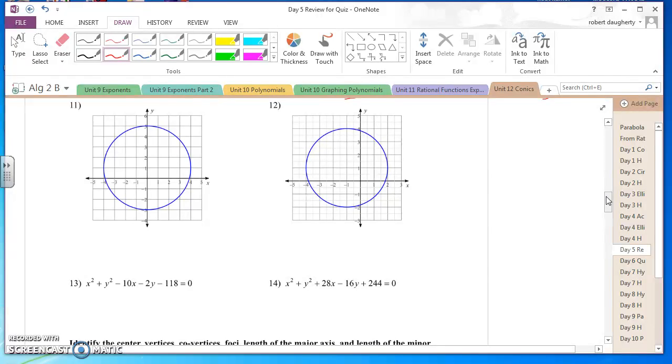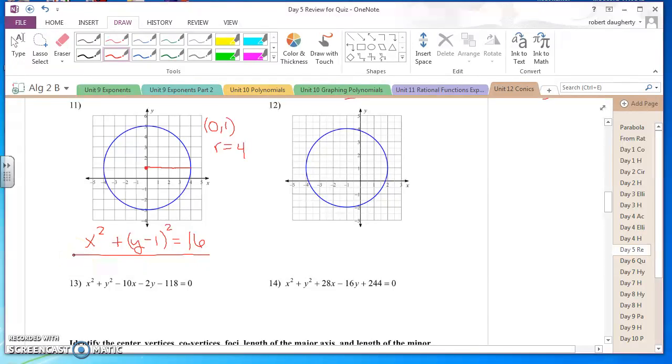The next thing is looking graphically. So graphically, I know that this is the center. So my center is at 0, 1, and my radius is 1, 2, 3, 4. So that equation is x minus 0 squared plus y minus 1 squared equals 4 squared.